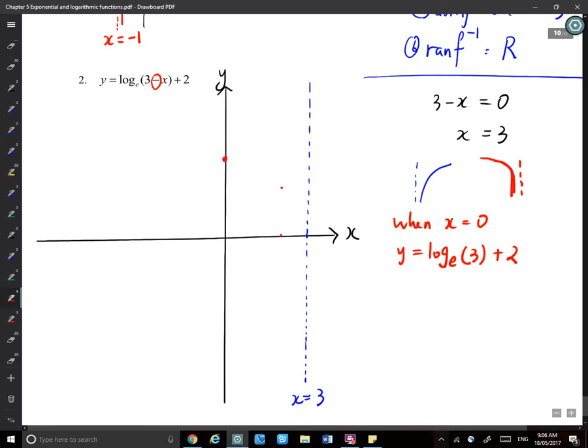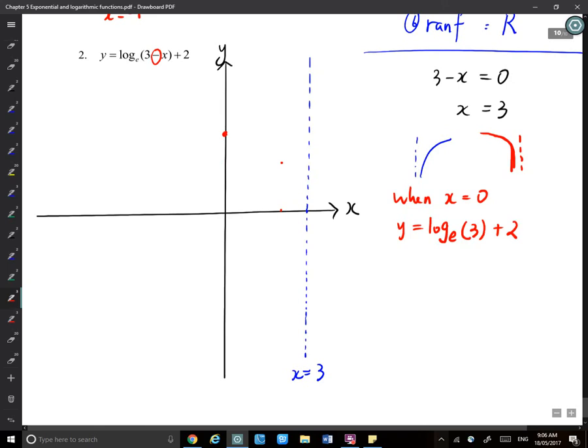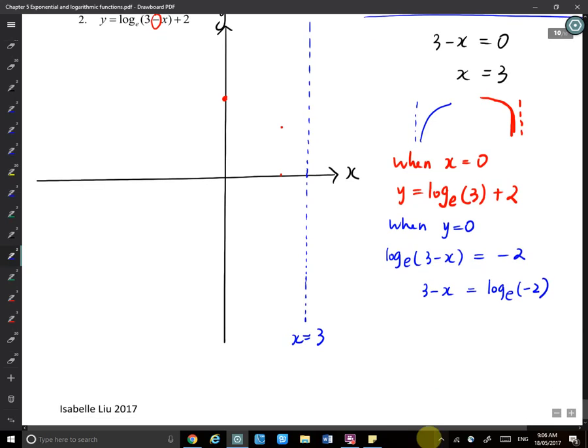Let's say the point is here. And I want to solve for when y equals 0. When y equals 0, log e of (3 minus x) equals negative 2. 3 minus x equals log e minus 2. 3 minus log e minus 2 equals x.